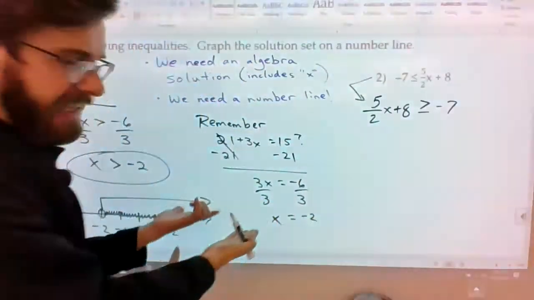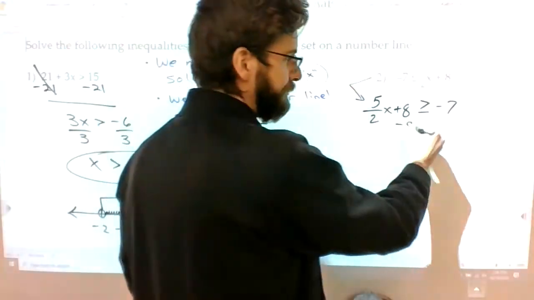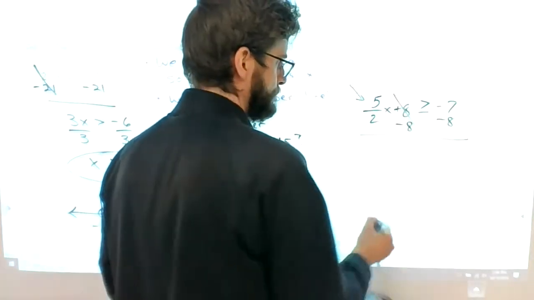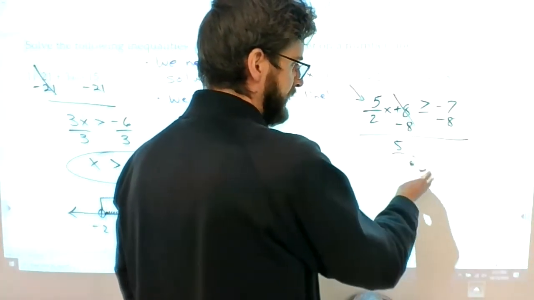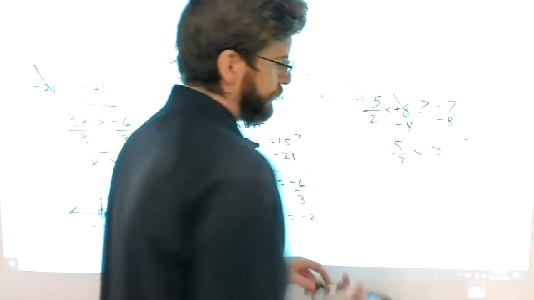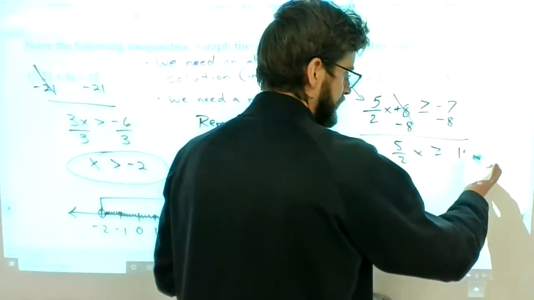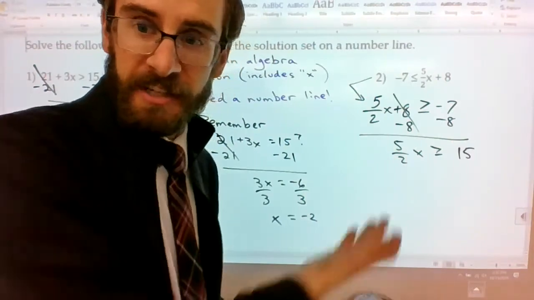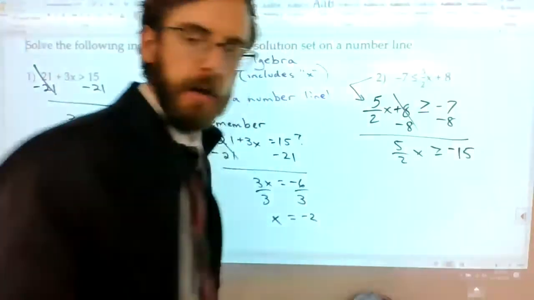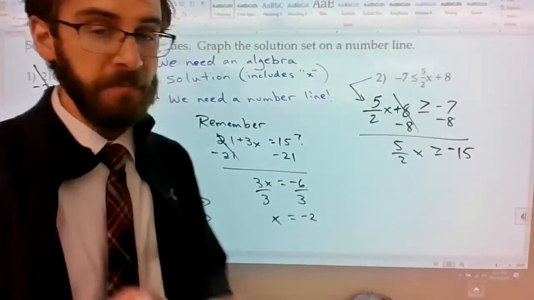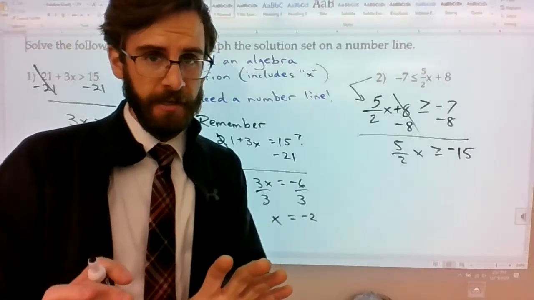Again, solve it like it's an equation. Subtract 8 from both sides. You get 5 halves x is greater than or equal to... Remember, same sign means add them. And then if they're both negative, it's going to retain its negative right there. Now, this can get tricky.